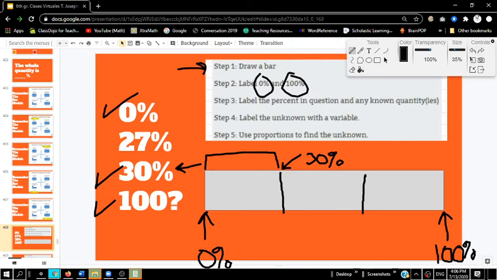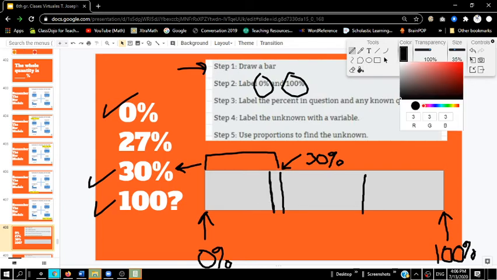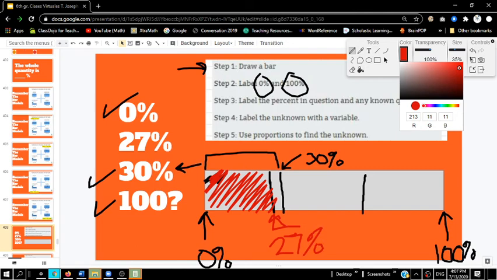Well, since 27 is smaller than 30, we're going to want to put it on the right side. So I would say it's approximately right there. This is approximately 27%. Let me color that in red. This is approximately 27% right there. Okay. It's important that we understand bar models just because they are a really great way to represent percents and portions of the whole. Okay.